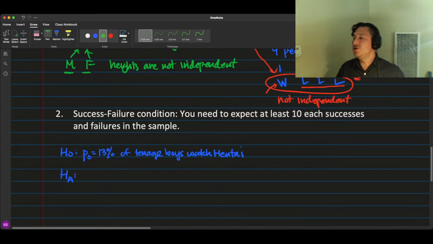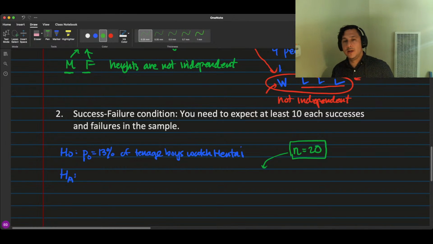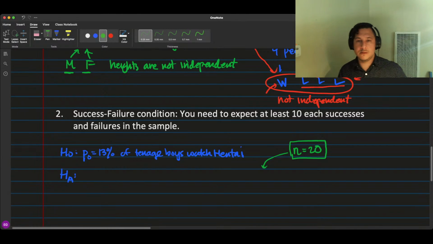So let's say that you choose to interview 20 boys for your sample. What percentage of these 20 boys do you expect to watch hentai, given the hypothesis that you've made?